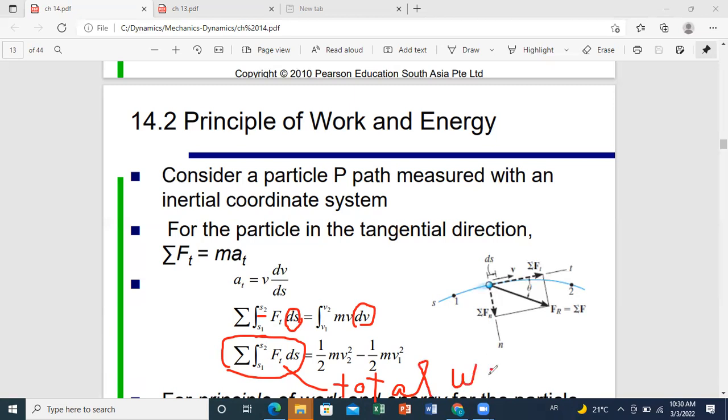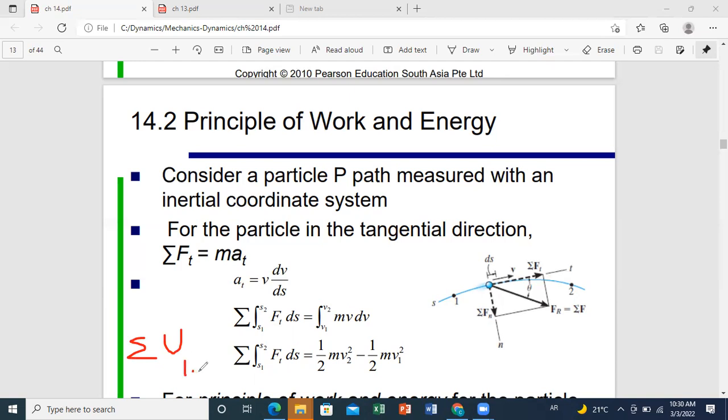And when I integrate mvdv, then the integral of v is v squared over 2. So for the other side, what do I get? I get that the summation of work of all forces between 1 and 2 done on my system is equal to half mv2 squared minus half mv1 squared.